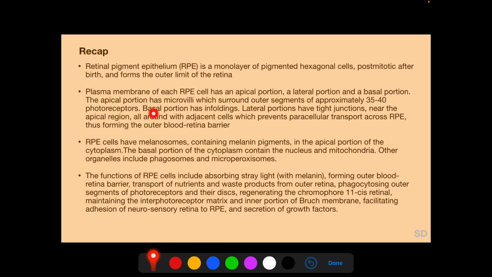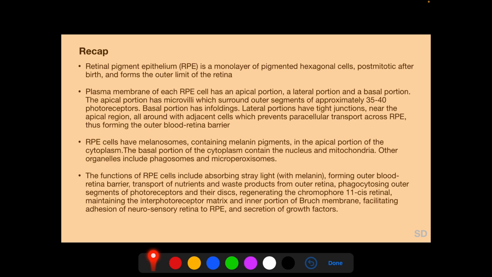The basal portion has infoldings to increase the surface area for transport. Lateral portions of the plasma membrane have tight junctions with adjacent cells near the apical region, and the tight junctions are present all around each cell.